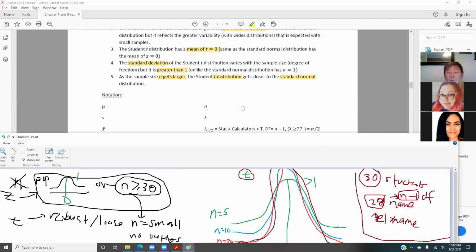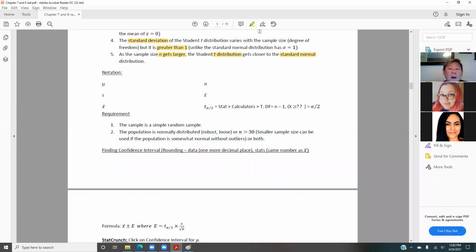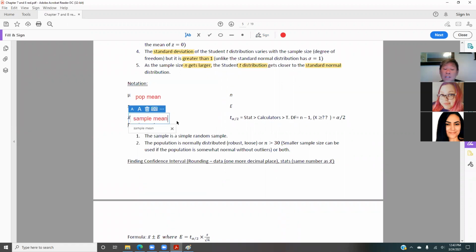So there are some new notations you need to know, because this is mean. Last time we did proportion. For mean, we have this symbol mu. This mu is called the population mean. And the X bar is called the sample mean. Make sure you know the difference between the population mean and sample mean. Some students ask me, how do you differentiate this?